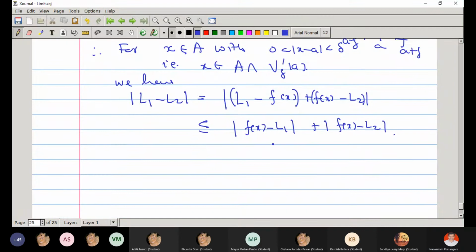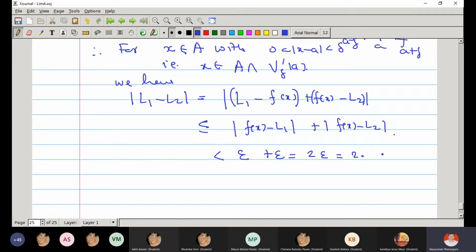Now, is the first term less than epsilon? Yes, sir. Because my x is in the range a minus delta to a plus delta, so |f(x) minus L1| is certainly less than epsilon. So it is 2 epsilon. But what is 2 epsilon?